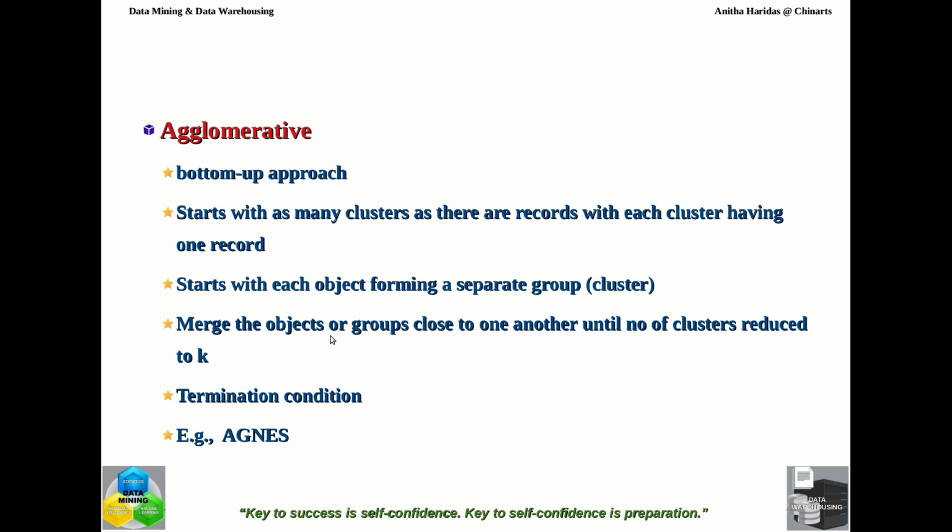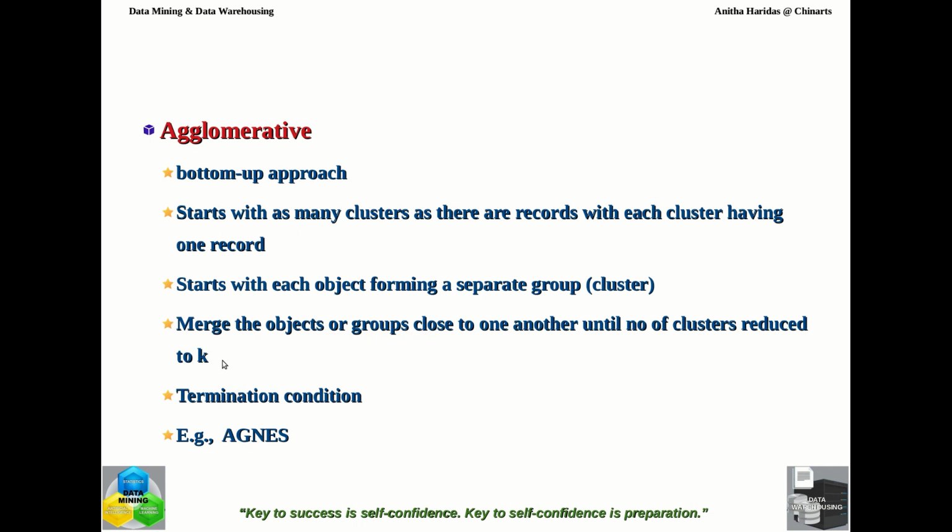So you merge the objects or groups close to one another until the number of clusters is reduced to k. That means initially I decide I am going to create k clusters, so until you get k clusters, we go for the merging process.